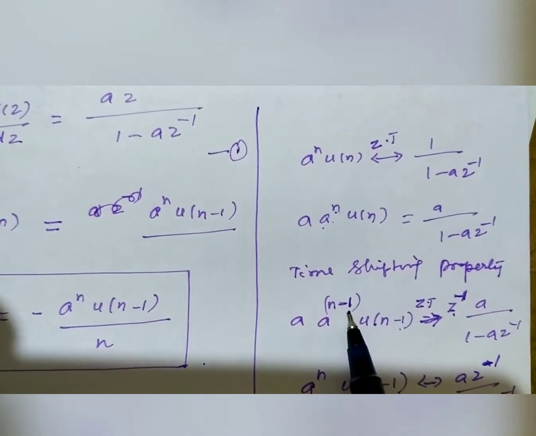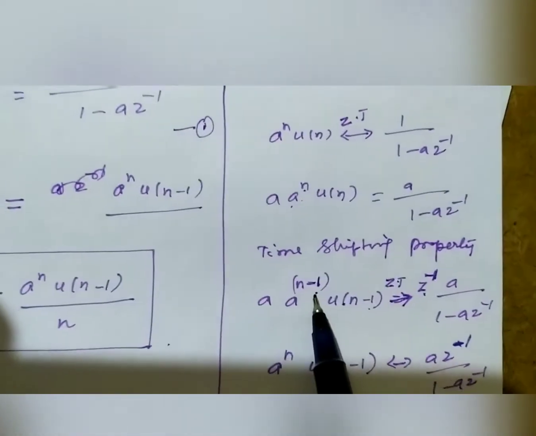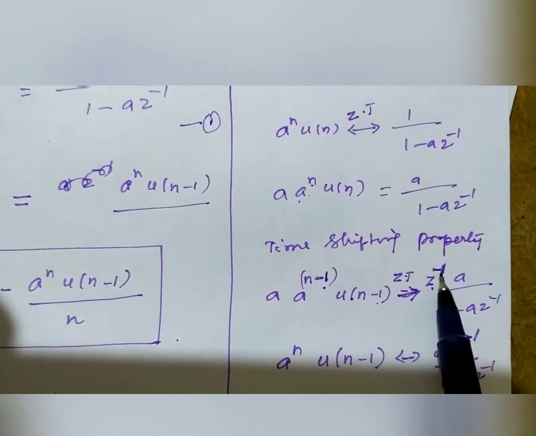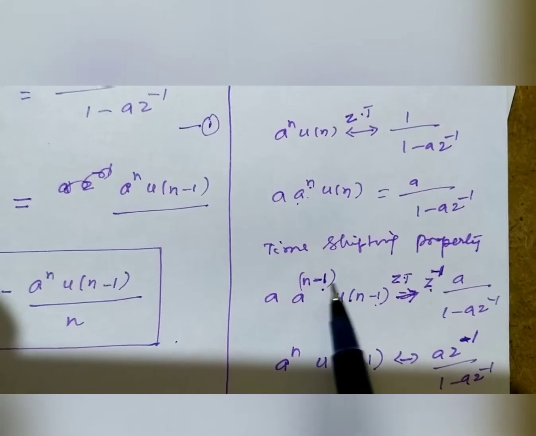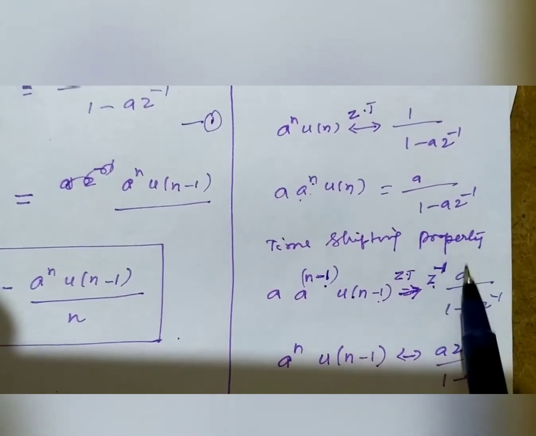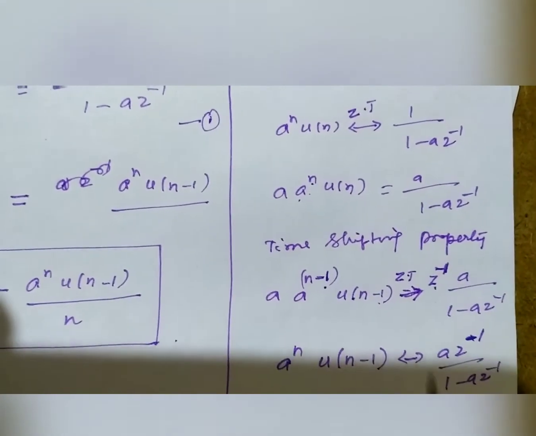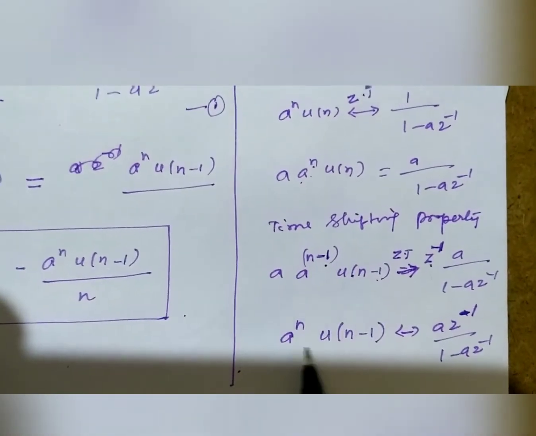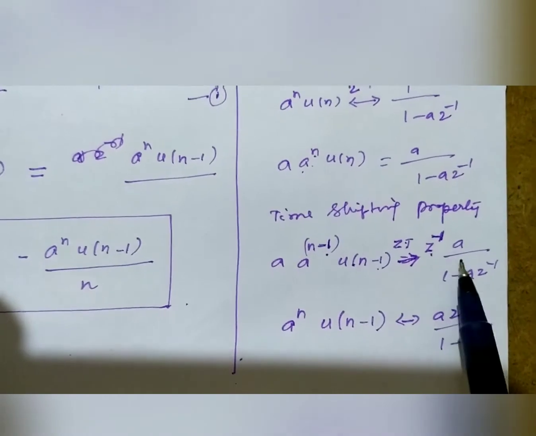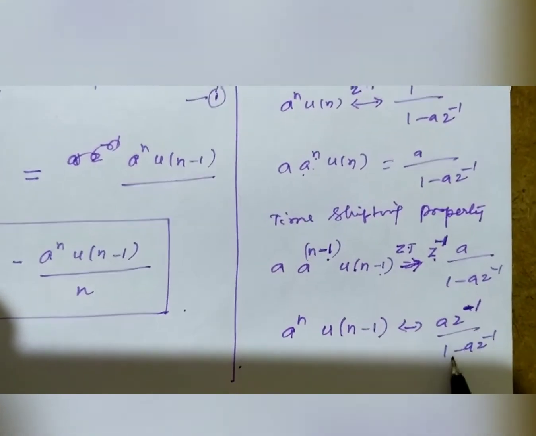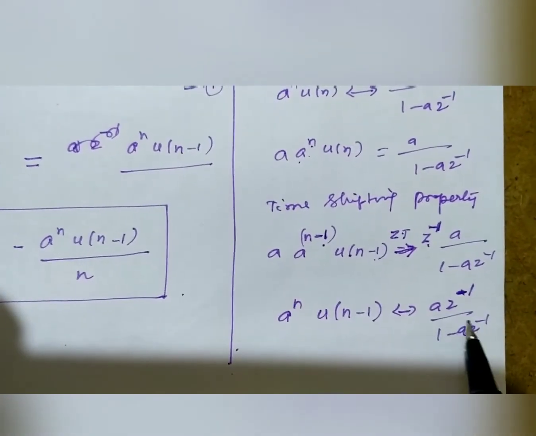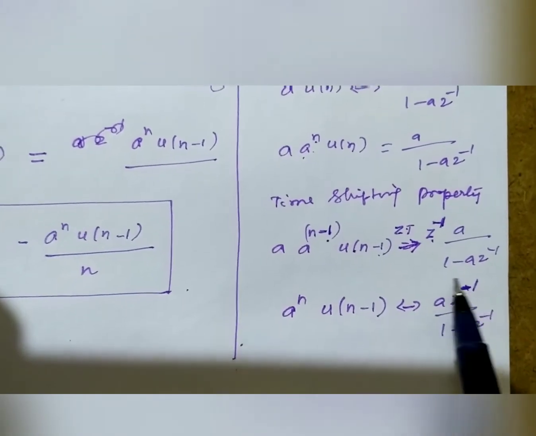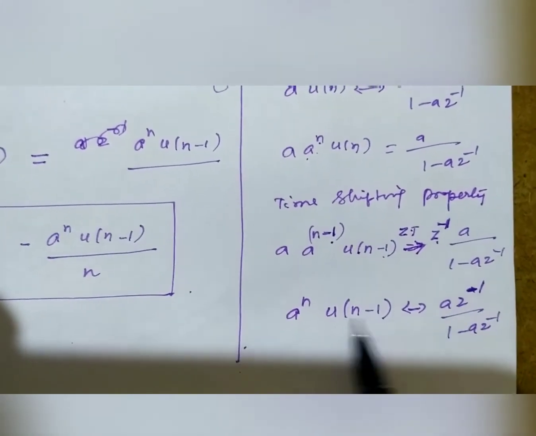So it becomes a times z inverse upon 1 minus a z inverse, which can be written like this.